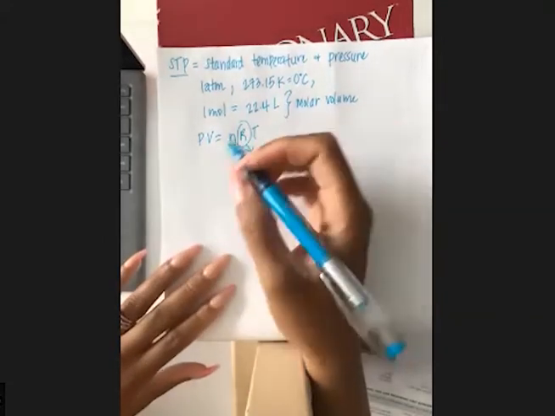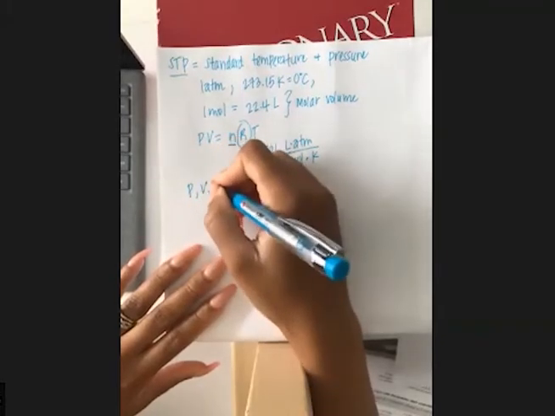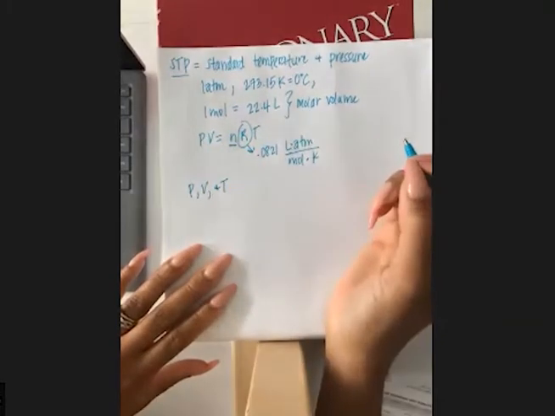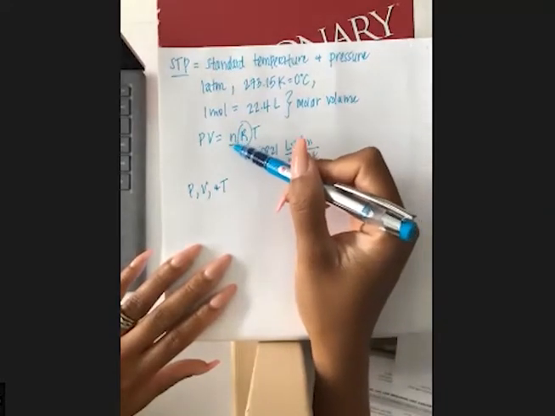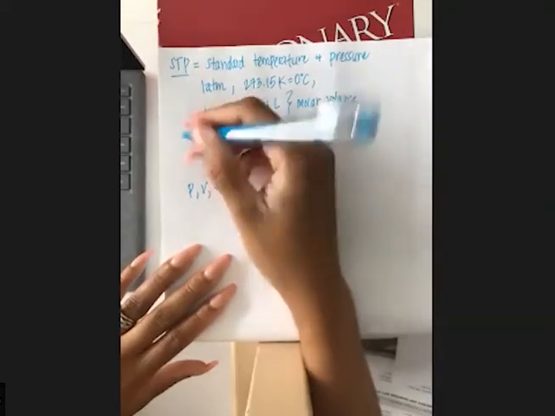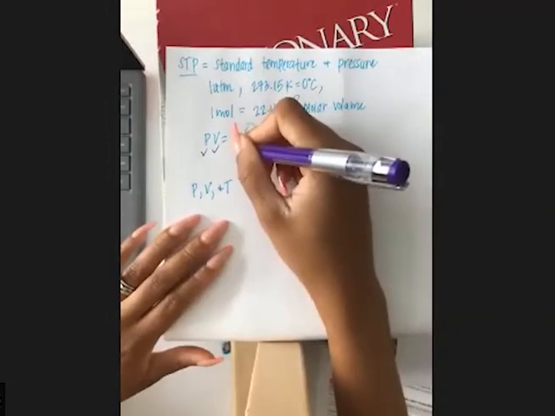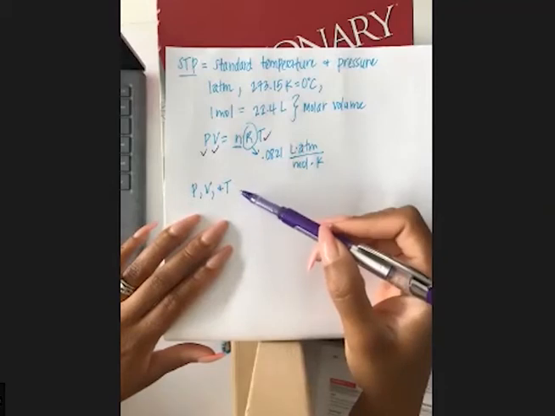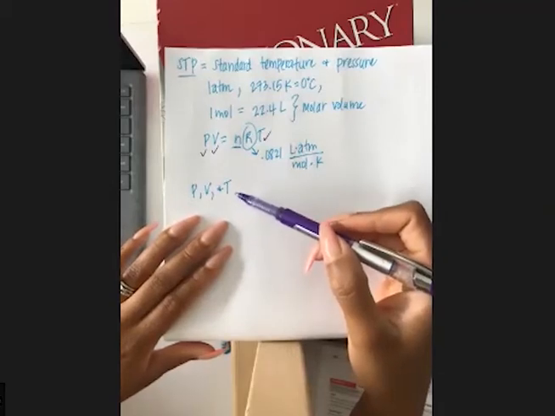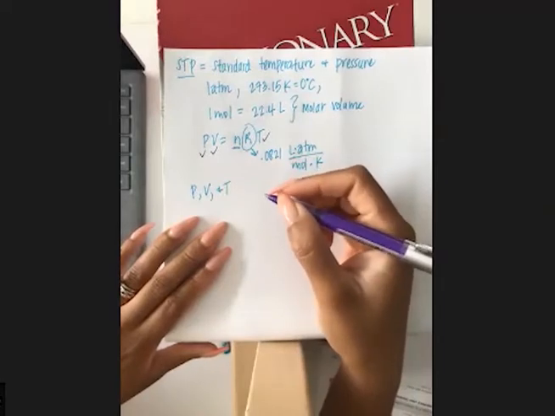If I know the pressure, volume, and temperature, that means I know P, V, and T, so I can get N. If I plug P, V, and T into the ideal gas law, I can solve for N, and that will give me the amount of moles.